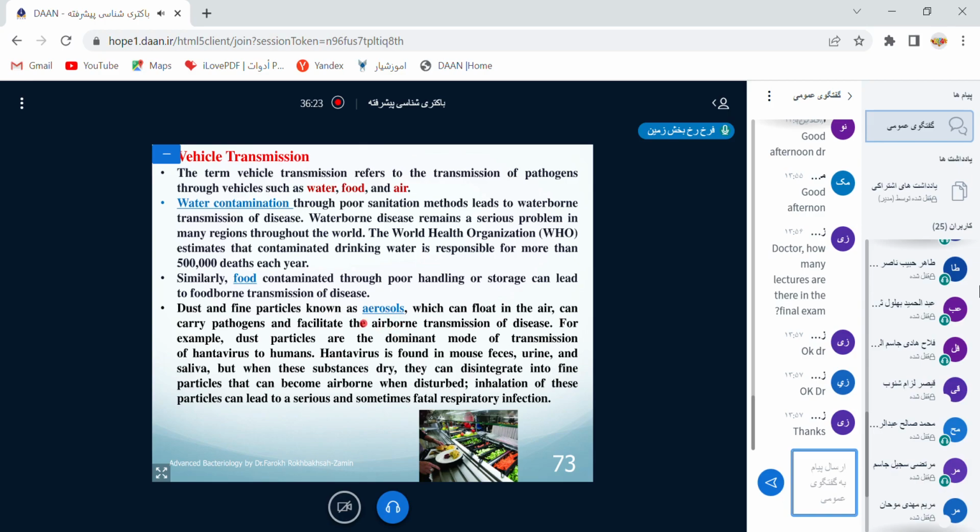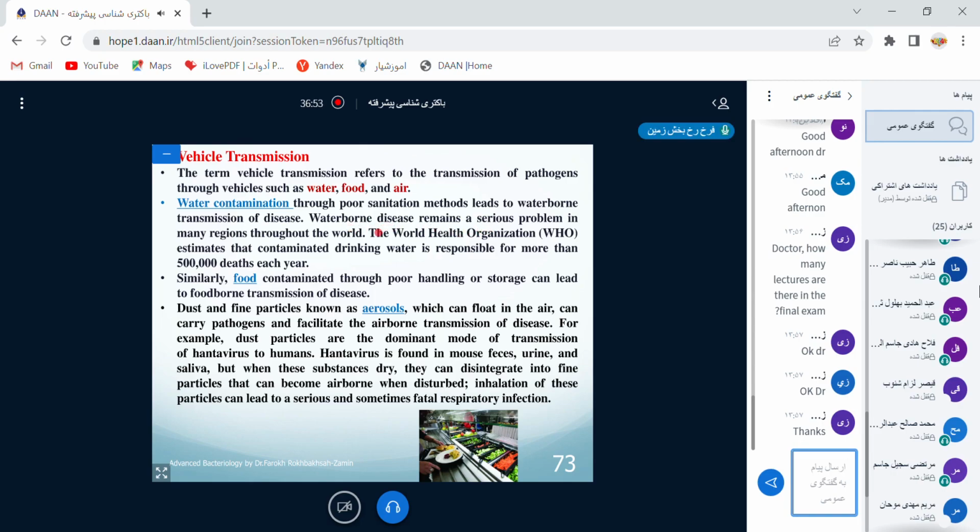If it is transferred by air, we call it airborne infection or airborne transmission. So we have waterborne, foodborne, and airborne transmission.